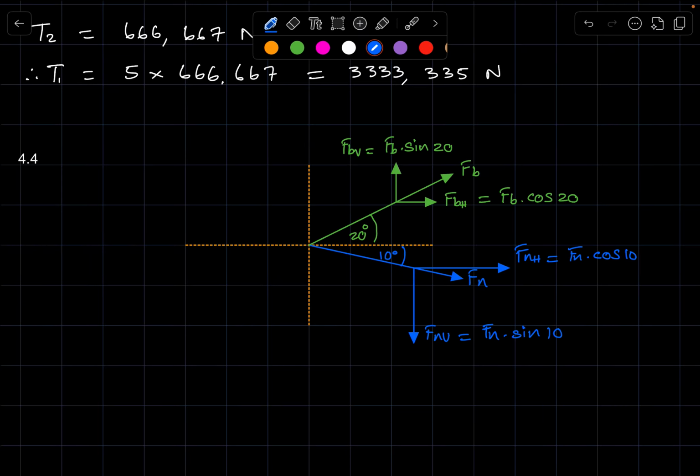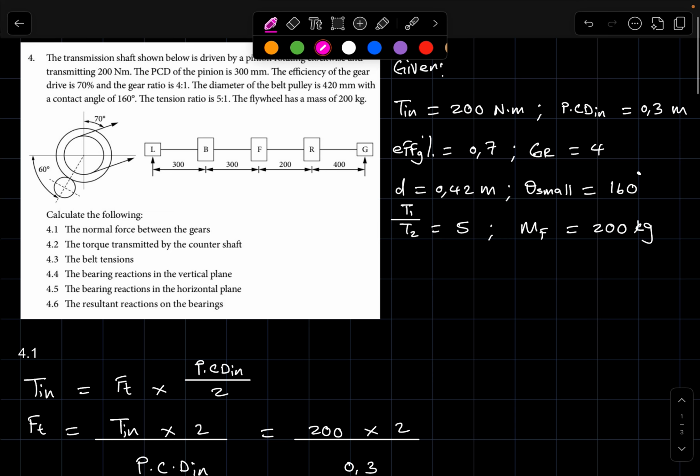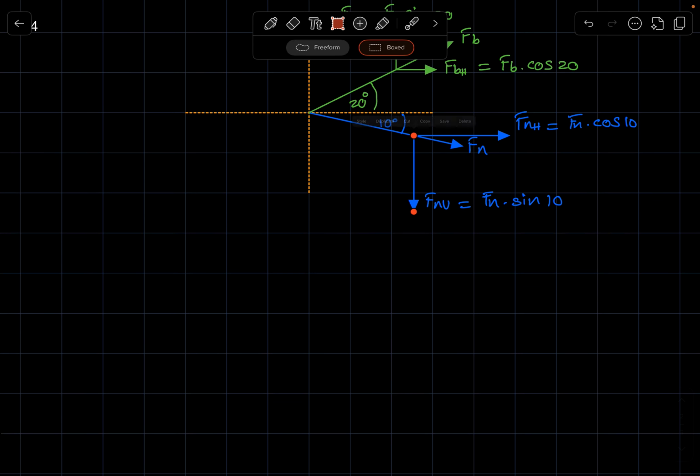Right, so essentially on the line shaft's Cartesian plane, these are the forces that we have, right? And then also bear in mind that you have the flywheel, so you're also going to have the weight of the flywheel acting downward. So we also have a force there, which is the weight of the flywheel.